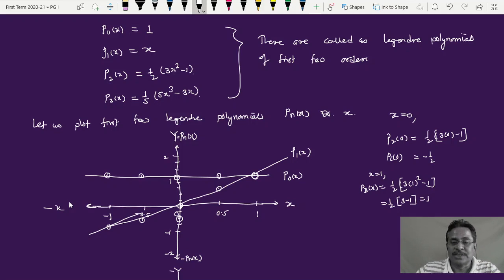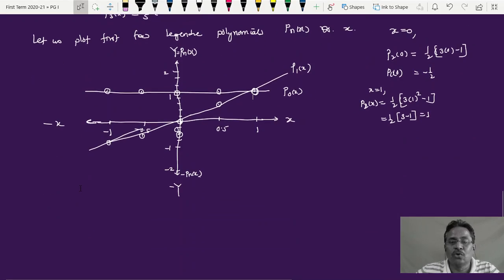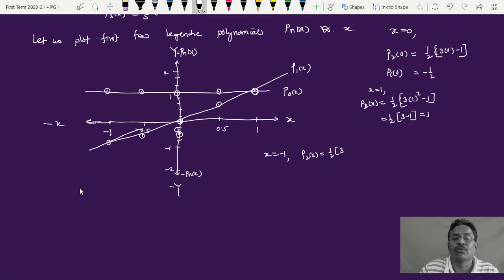Similarly, put x is equal to minus 1. Now what happens to this P2 of x? P2 of x is equal to 1 by 2 into 3 multiplied by x square minus 1.